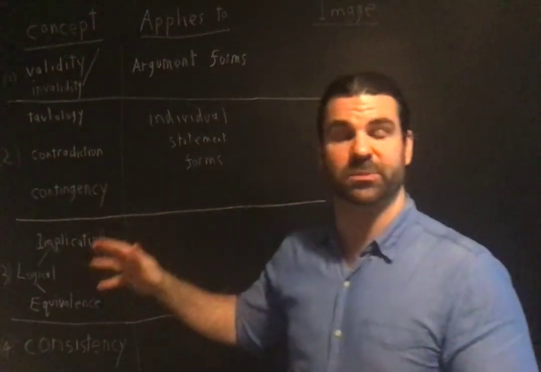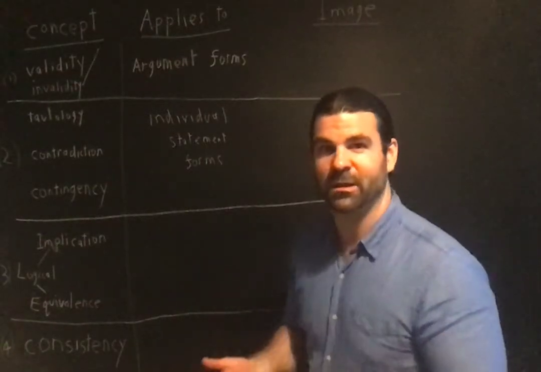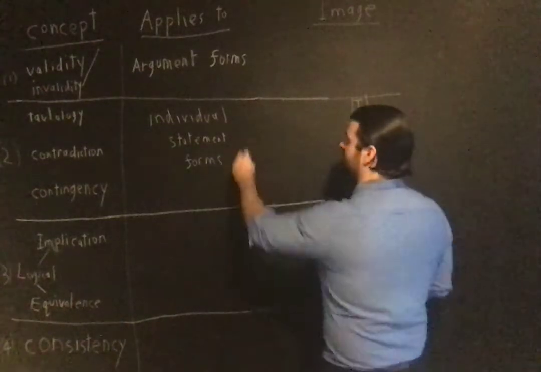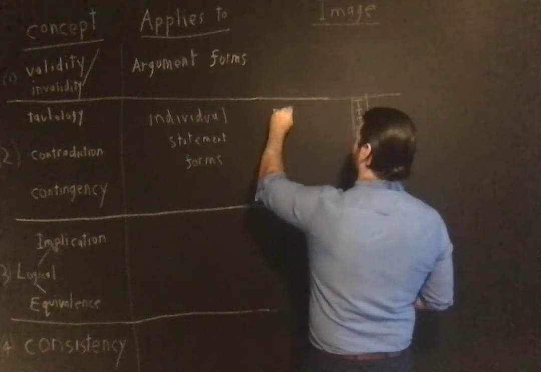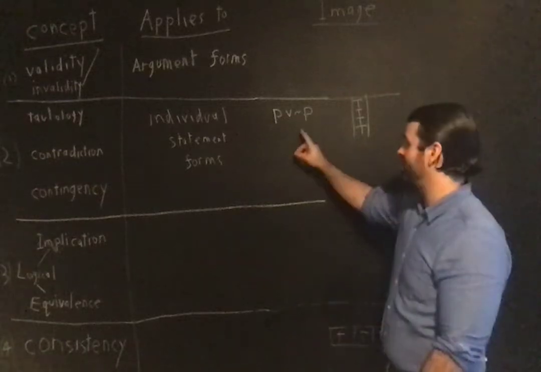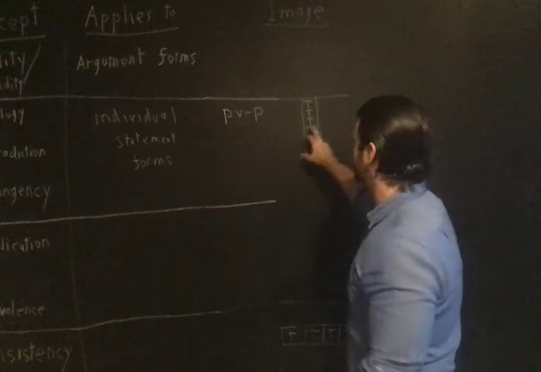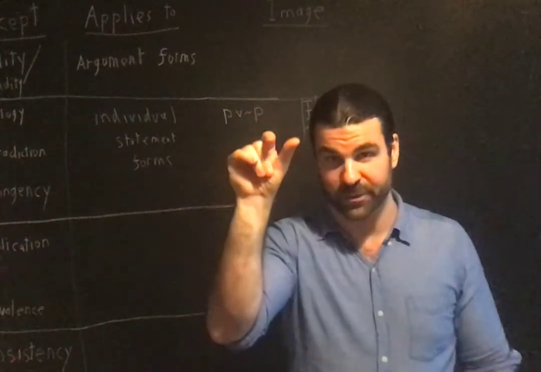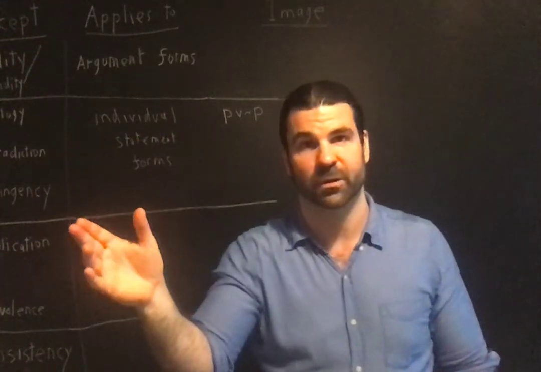Tautology, as you would expect, so the classic or paradigmatic tautology, is a statement form like P or not P, to be or not to be, right? That has the form P or not P. So a tautology is a statement form where the column under the major operator comes out all true, right?